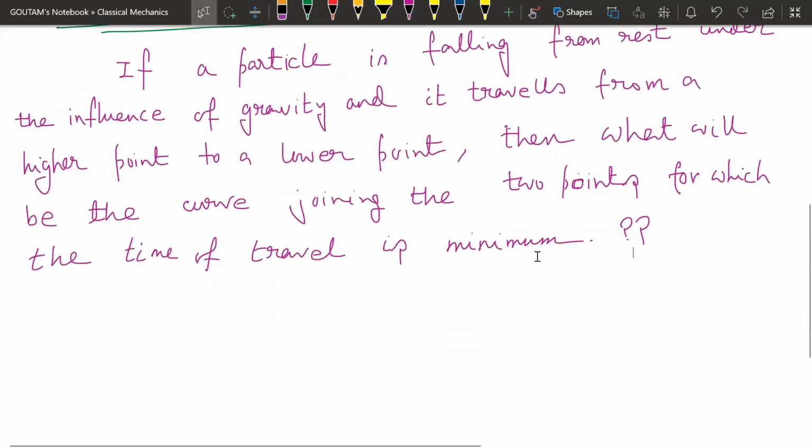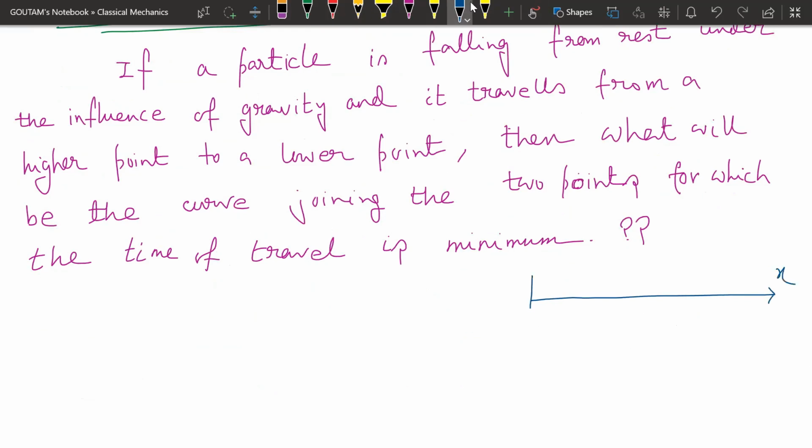So let's draw and understand it. Let's say this is our x-axis, and let's draw the y-axis in the downward direction, because the particle is moving from a higher point to a lower point.